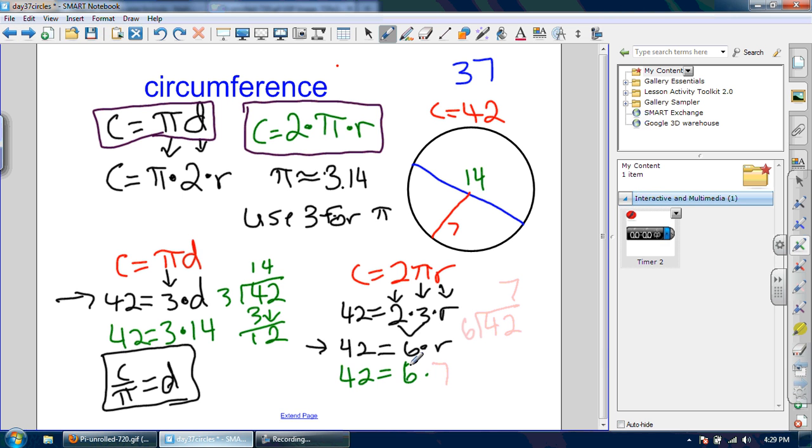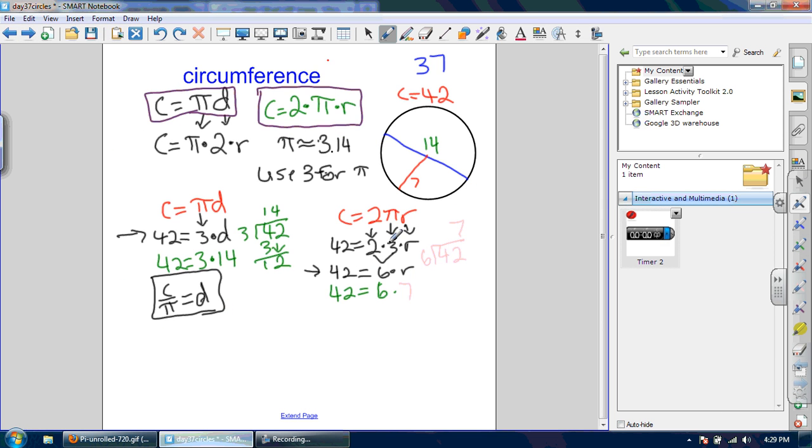So now all we got to do is figure out how to get this back into a form that looks like this, with all the symbols instead of numbers, so we can use it all the time. So let's do that. So 42 is the circumference, and now we divided it by 6. So now, where did the 6 come from? Well, 6 was 2 times 3, and 2 times 3 was 2 times pi.